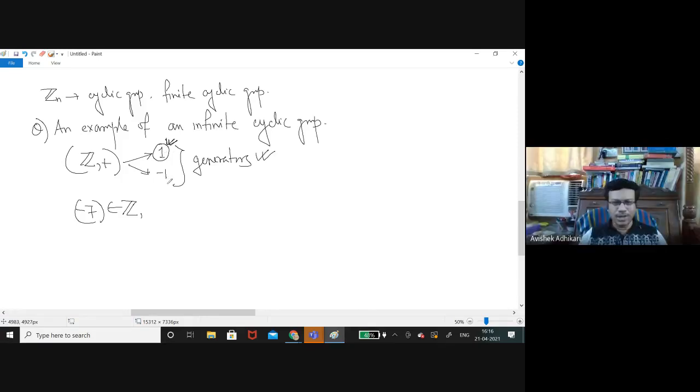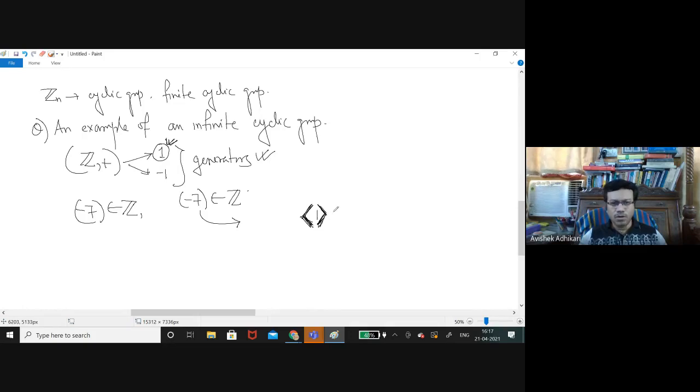Now tell me, minus 7 is within Z. So according to your definition, minus 7 can be represented in terms of 1. This is the notation we usually use for a generator. So this means generated by 1.